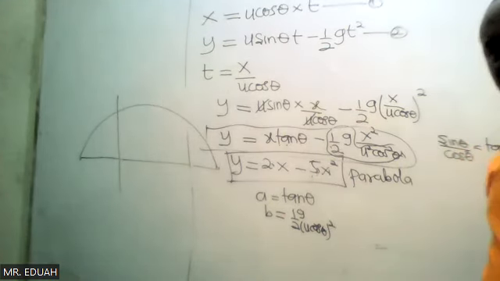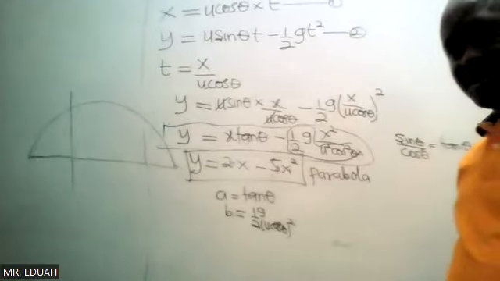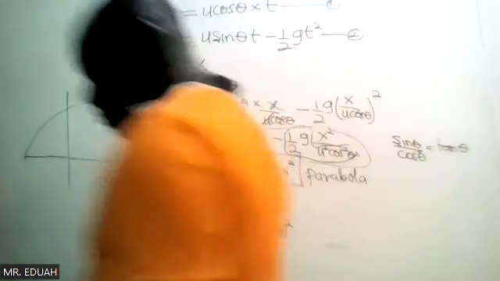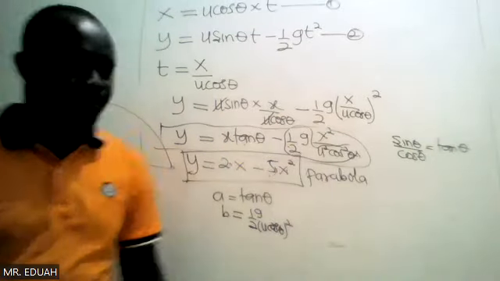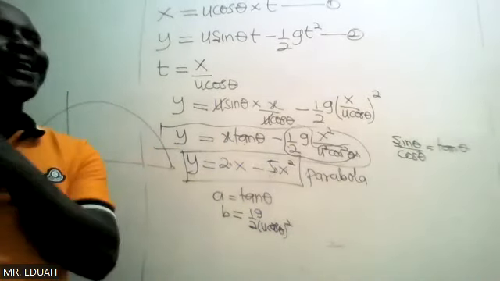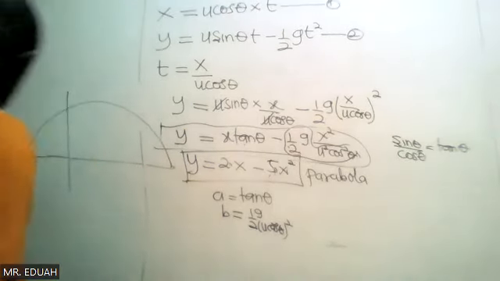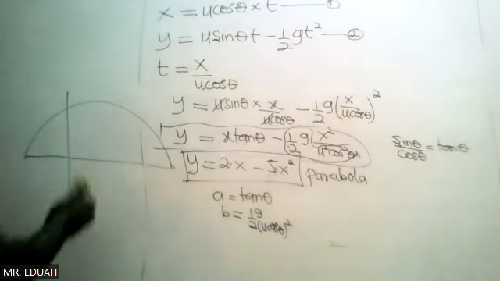Mr. Dia, hello. When you teach it, I understand, but when you give us a question, the formulas start mixing in my head. Okay. This is how to master it.